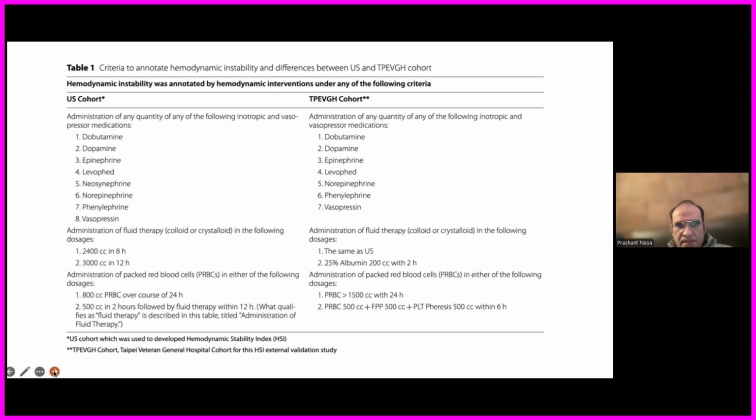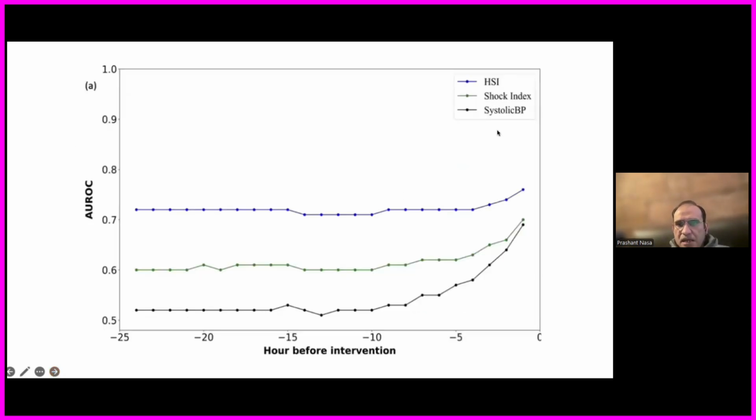This particular study looked at mainly a US cohort. What they found was that this so-called hemodynamic stability index, HSI, performed much better than the traditional way of predicting hypotension, which is the shock index or the systolic blood pressure. HSI had a higher sensitivity and specificity compared to the traditional shock index or systolic blood pressure, even up to 24 hours.